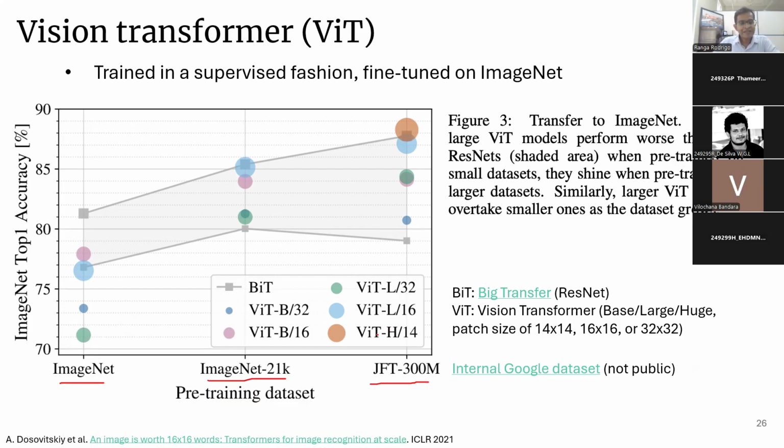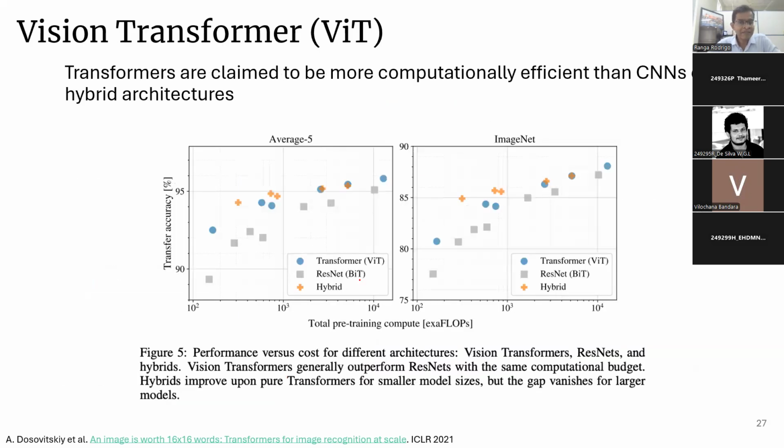So you can see the so-called ViT, and then the ViTs perform better when the datasets are large in this column. And some other computation efficiency claims compared to ResNets.